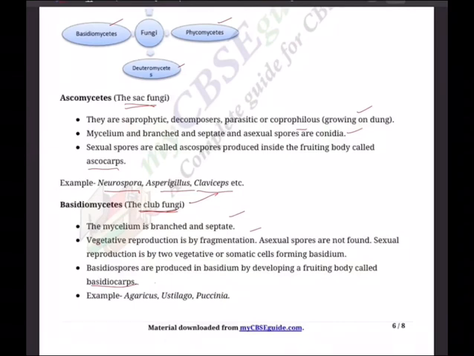And of course, the association of fungi plus algae is what we call lichens. And the same fungi, if having a symbiotic relation with roots of higher plants, we call it mycorrhiza. So keep these technical words in your mind, and we will continue further in our next session.